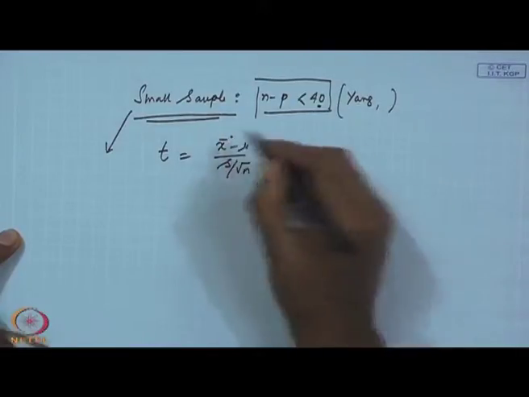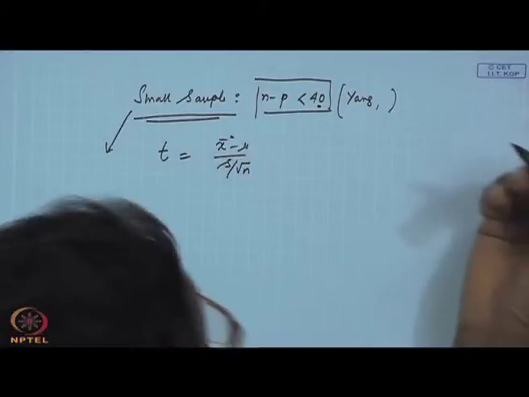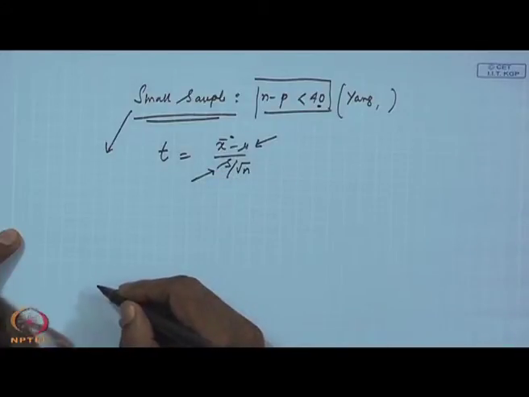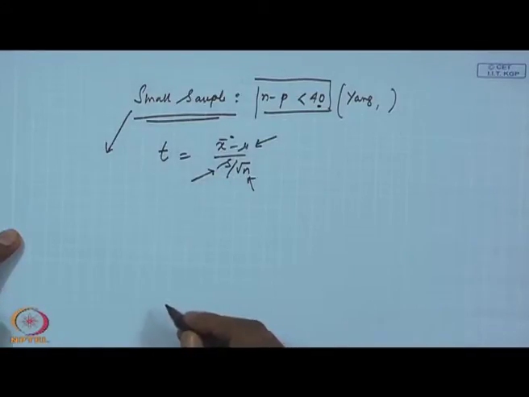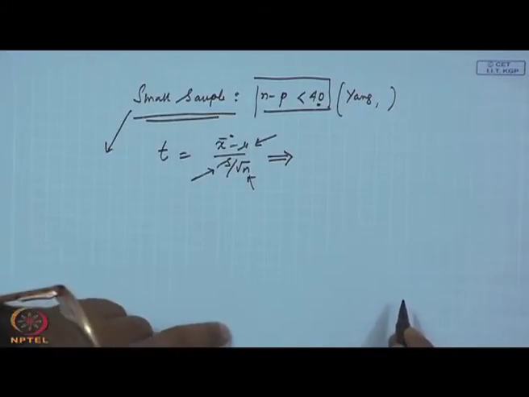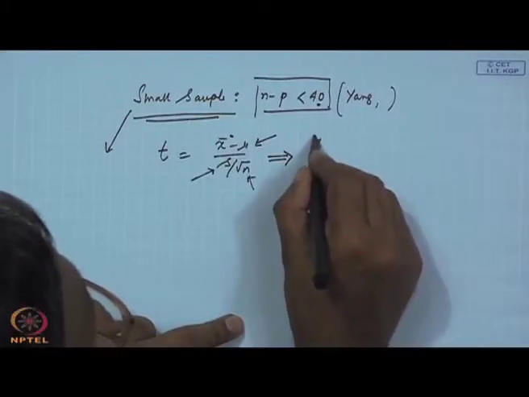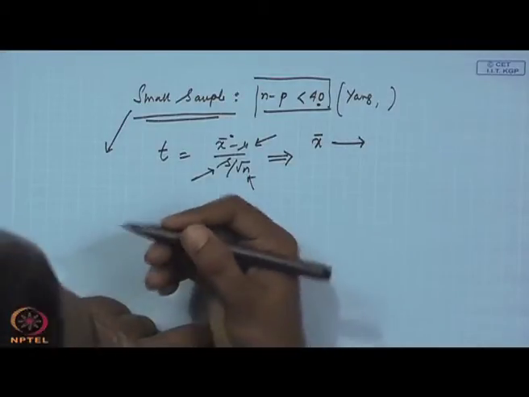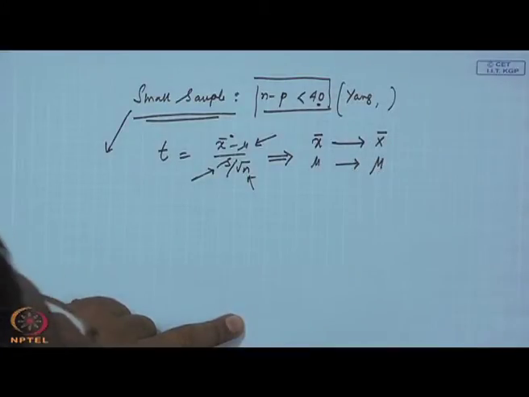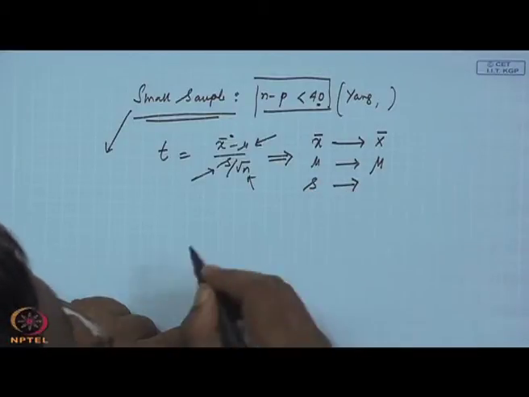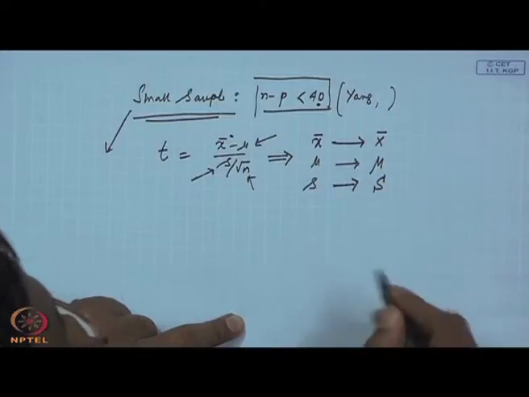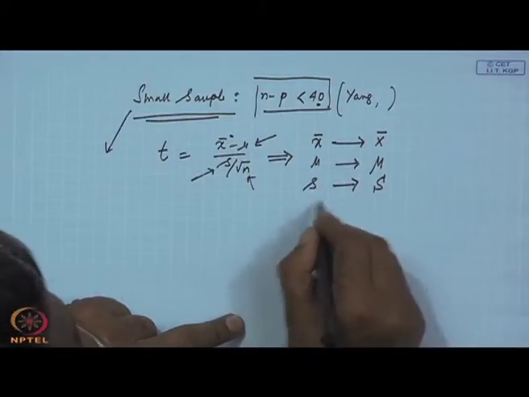This x bar is the sample mean, mu is the population mean, S is the sample standard deviation, and n is the sample size. Now, I want to see what will be its multivariate counterpart. X bar will no longer be a scalar quantity, it will be a vector. Mu also will be a vector quantity, and S will be replaced by this matrix S, and n will remain n.